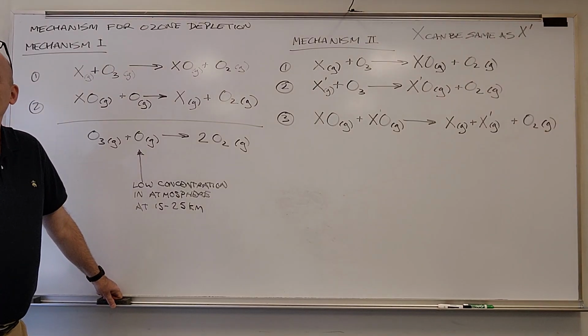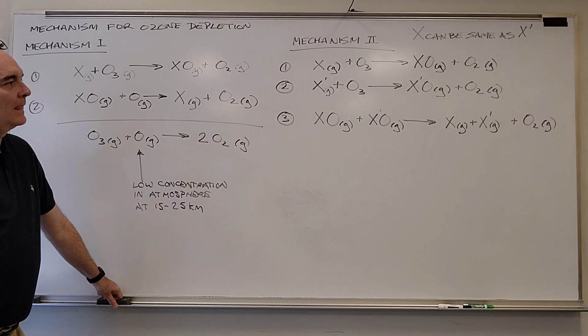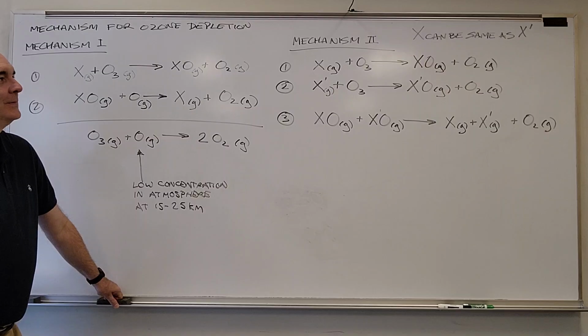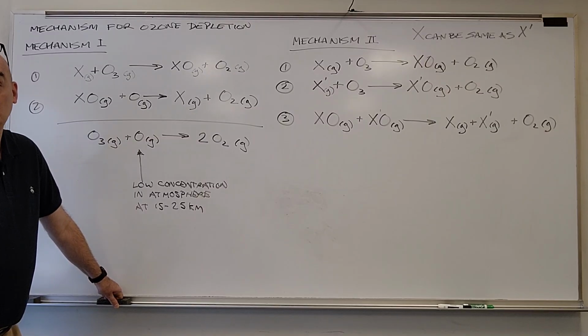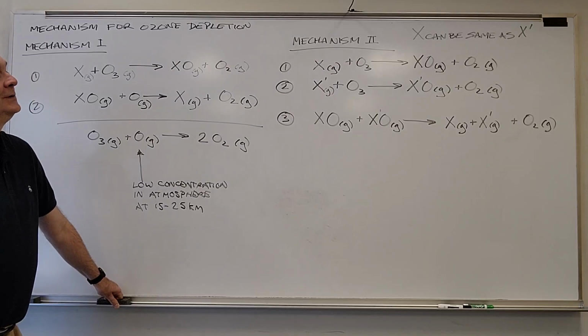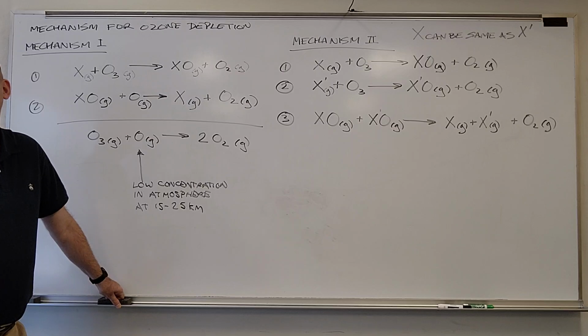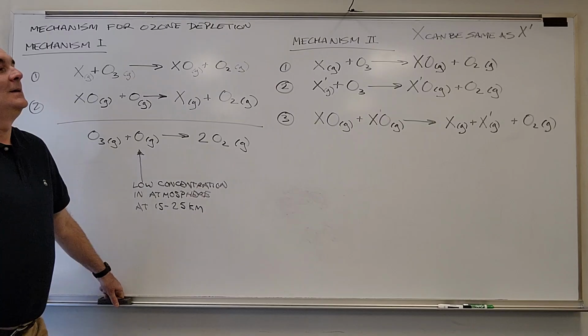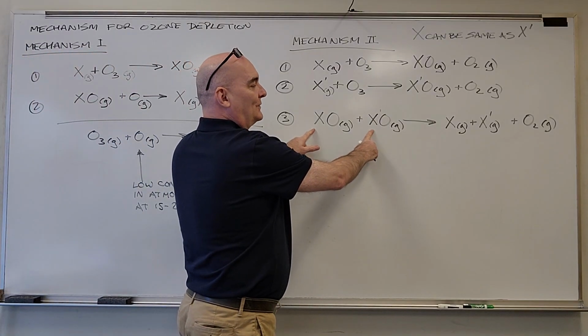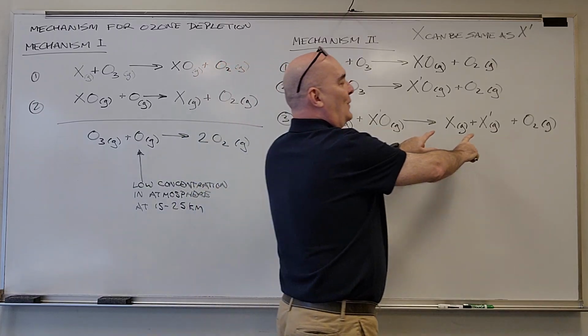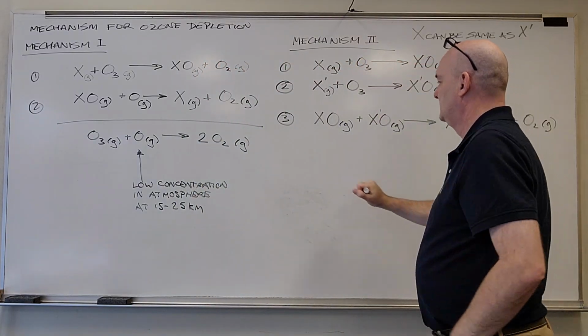If X is the same as X prime, then we could say that for mechanism 2, the elementary steps could be 2 steps: 2X plus 2 O3s make 2 XOs and 2 O2s. Because I need the 2 XOs to make 2 X's plus O2.